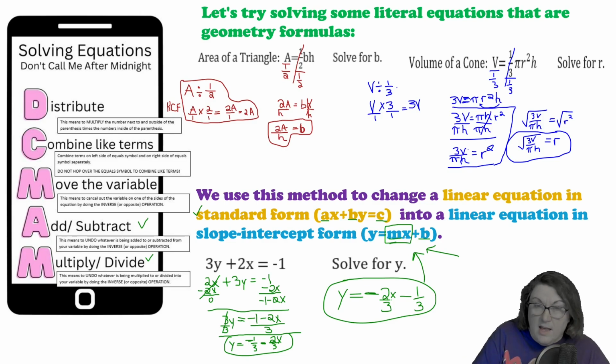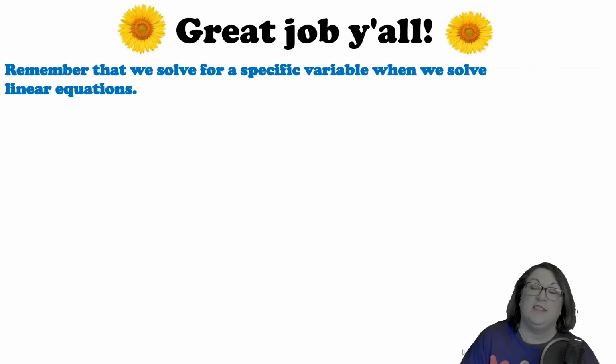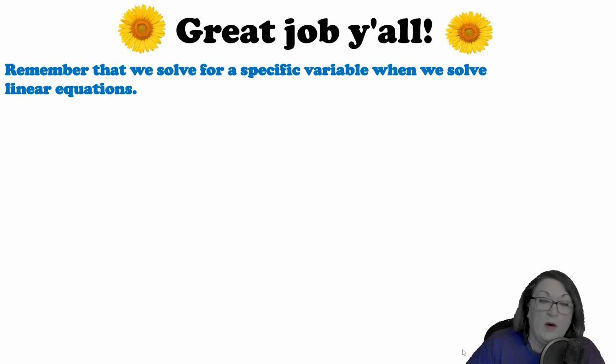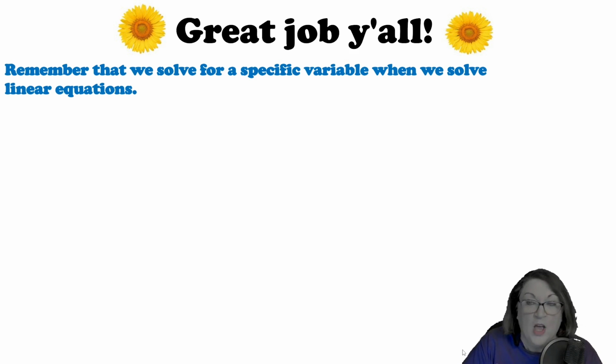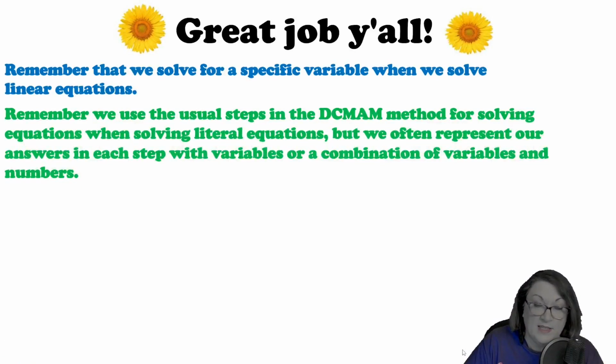And now it's time to review. I might make another video on just moving standard form to slope-intercept form. So remember that we solve for a specific variable when we solve linear equations. And remember, we use the usual steps in the DCMAM method for solving equations when solving literal equations. But we often represent our answers in each step with variables or a combination of variables and numbers.